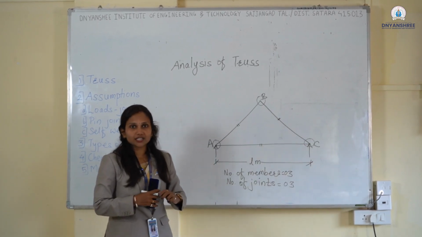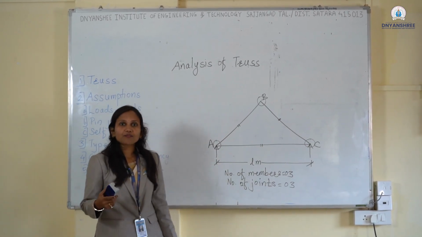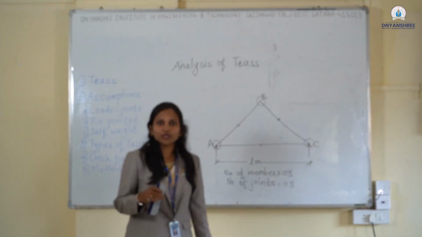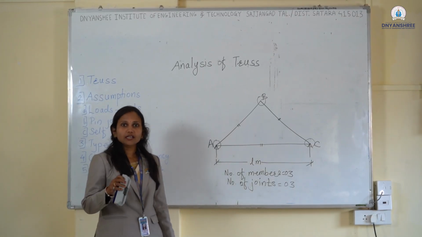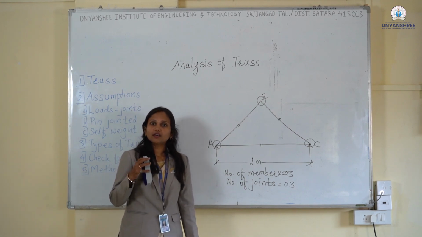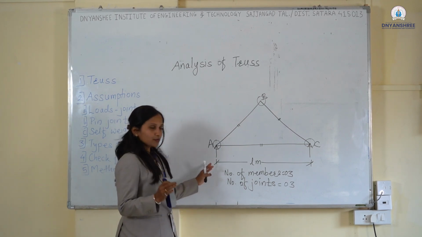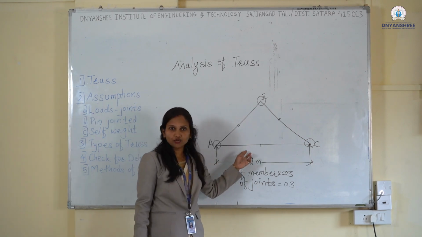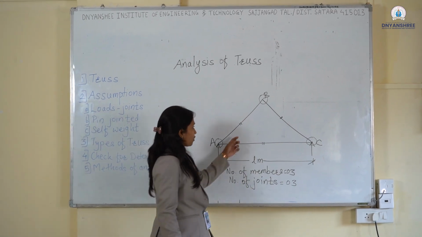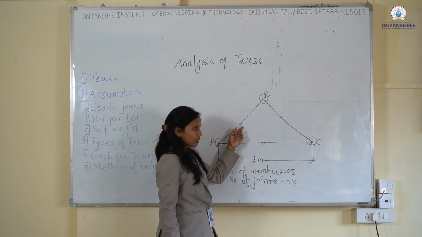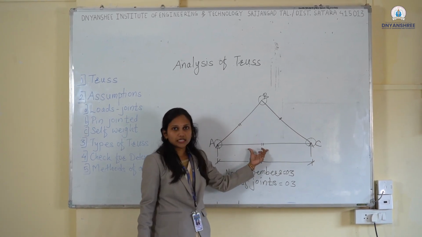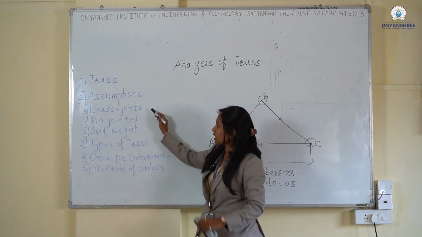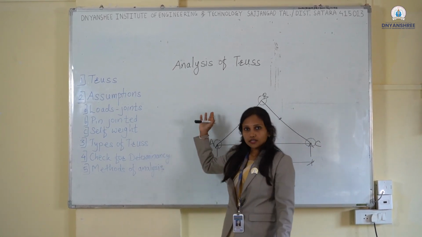Force is an external agent which produces an effect on the body and changes the state or position of the body. So we have to calculate the nature of force as well as the magnitude of force lying in the members AB, BC and AC.